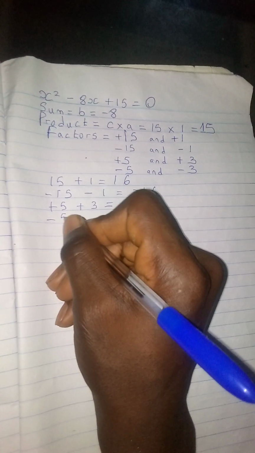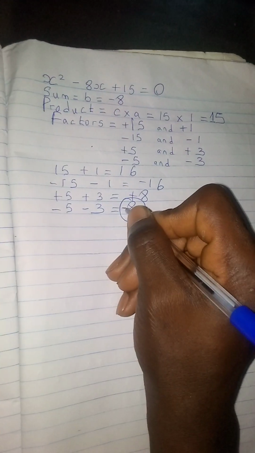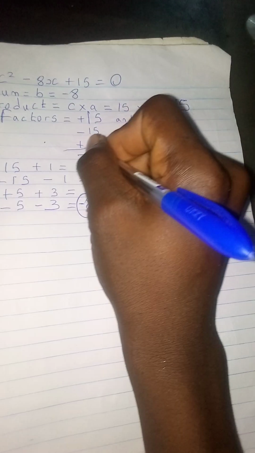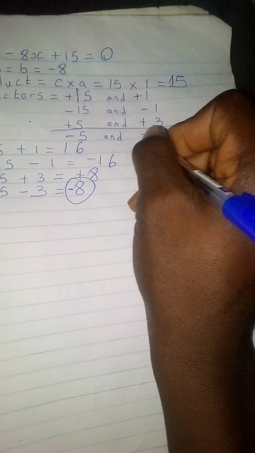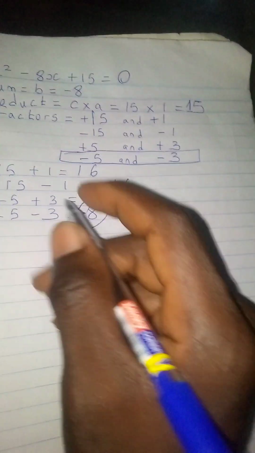No. Minus 5 minus 3 is equal to minus 8. So there you have it. You have gotten the two values that correspond, which means that their product is giving us plus 15, which is the value of our product, and their sum is giving us minus 8, which is the value of our sum.